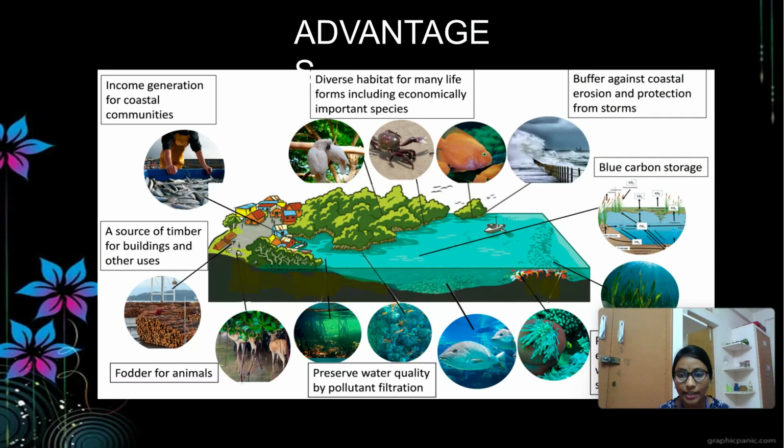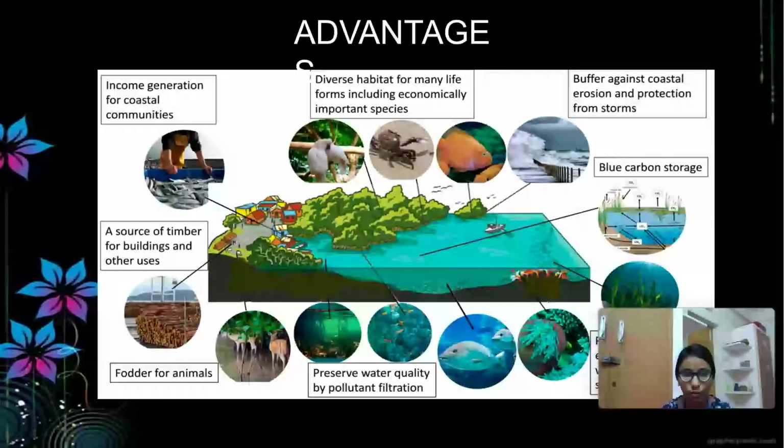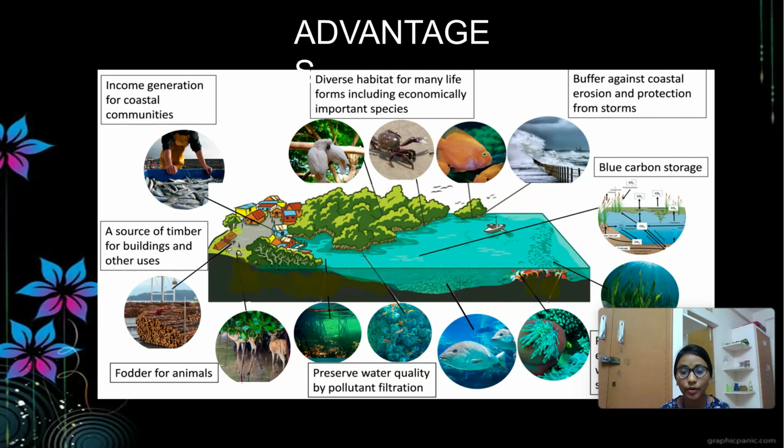The advantages of the mangroves are that they generate income for coastal communities, and are a source of timber for buildings and other uses. They act as fodder for many animals.